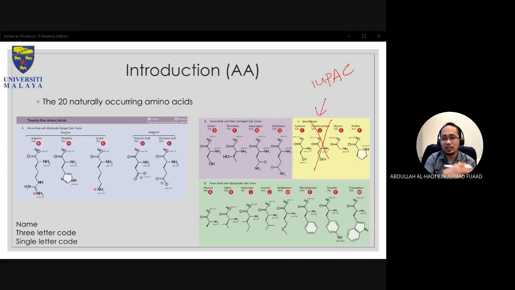Other than that, everything else is a naturally occurring amino acid. So we have alanine, histidine, lysine, aspartic, glutamic, serine, threonine, asparagine, cysteine, glycine, proline, valine, isoleucine, leucine, methionine, phenylalanine, tyrosine, and tryptophan.